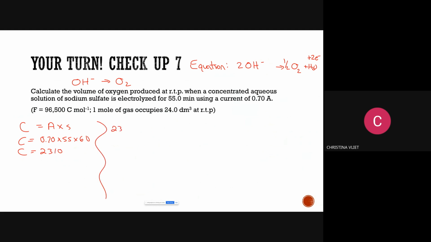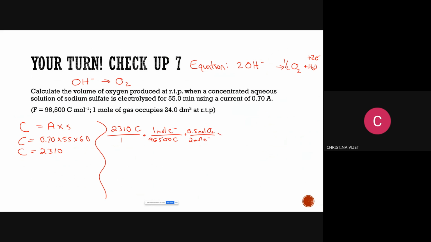And then from here, I want to get from coulombs to moles of oxygen. So 2310 times 1 mole over 96,500 coulombs. And here's where, if we made a mistake, we made it right here. 2 moles of electrons is for 0.5 moles O2, or 1/2, however you're going to put that in your calculator. I would put 0.5 because I like that number better in terms of entering it in my calculator.